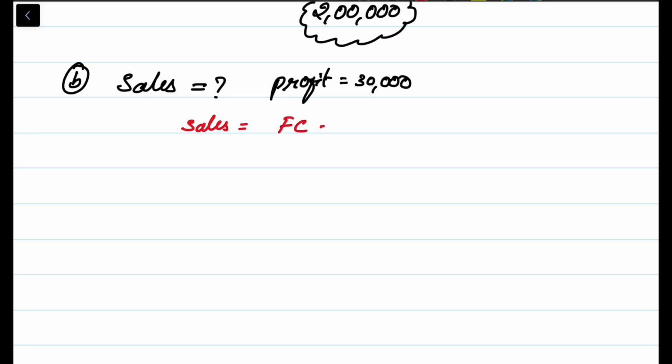The formula for this is sales equals fixed cost plus desired profit by PV ratio. As it is, you have to write sales, then substitute the numbers in the formula.